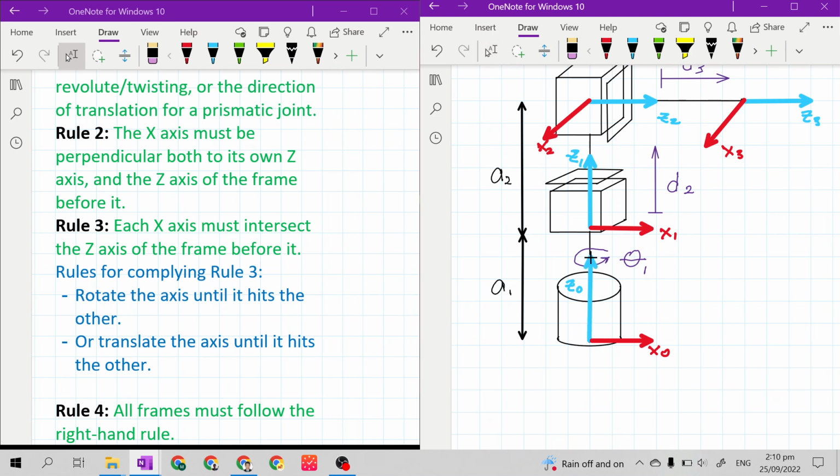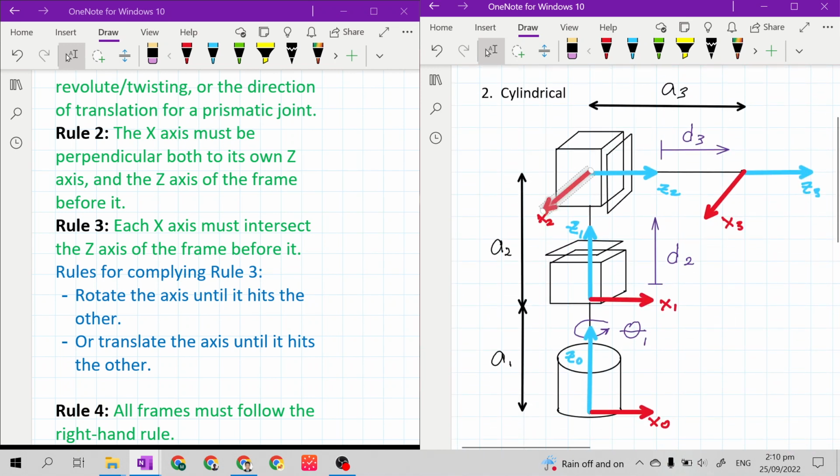So it also means that your x sub 1 axis complies with rule 3. Okay? If it doesn't comply, we will do something for compliance. If it already complies, let's proceed to the next frame.